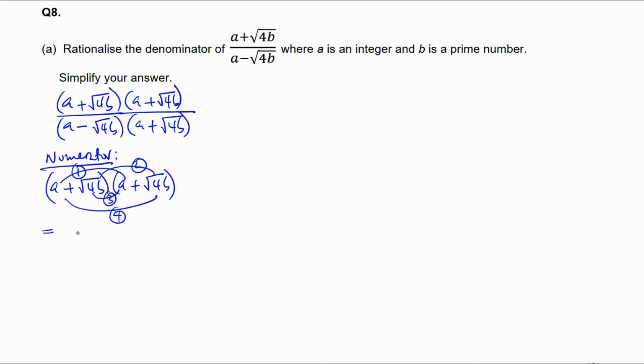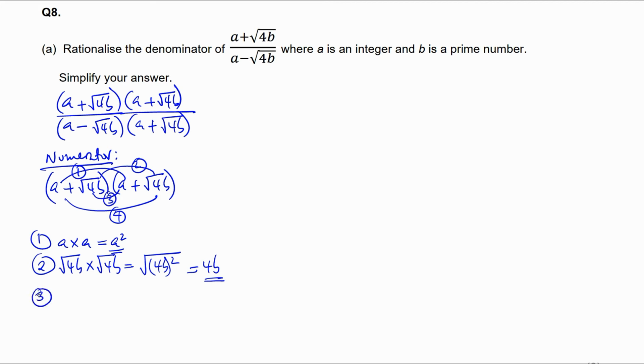So basically for 1, we have A multiplied by A, which is just A squared. And then for 2, we have square root of 4B multiplied by square root of 4B. And that will be equal to the square root of 4B squared, so that will just be equal to 4B.